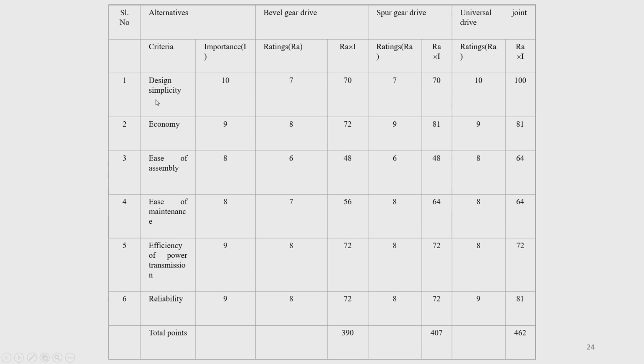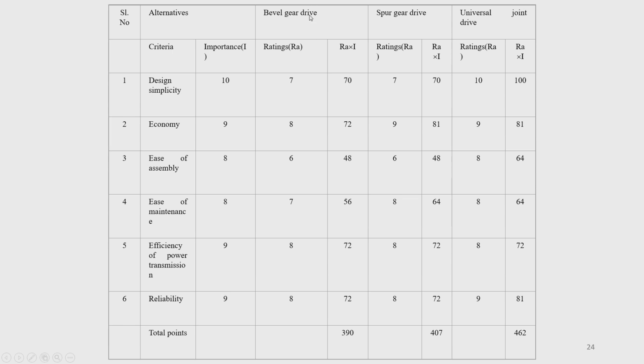Criteria: design simplicity, economy, ease of assembly, ease of maintenance, efficiency of power transmission, and reliability. And then you also have to think how much importance you give on a scale of 1 to 10. Design simplicity is 10, economy is 9, ease of assembly is 8, ease of maintenance is 8, efficiency of power transmission is 9, reliability is 9.